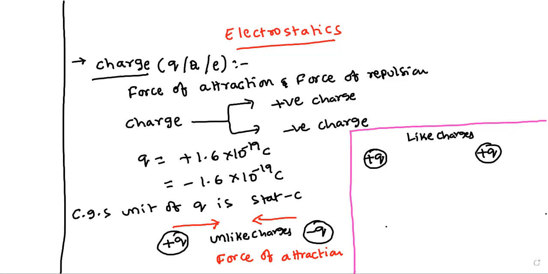I can call them like charges only. So for like charges, we are having the force of repulsion. That means the two particles will move away from each other. It can be called force of repulsion.